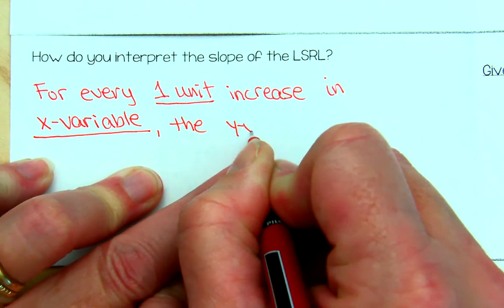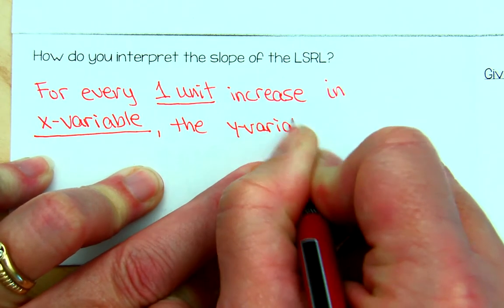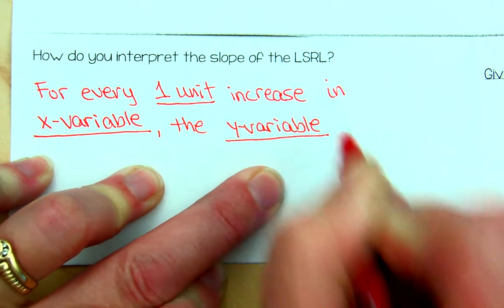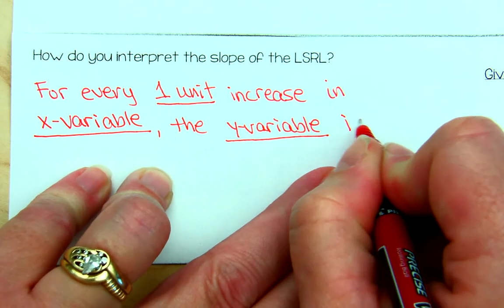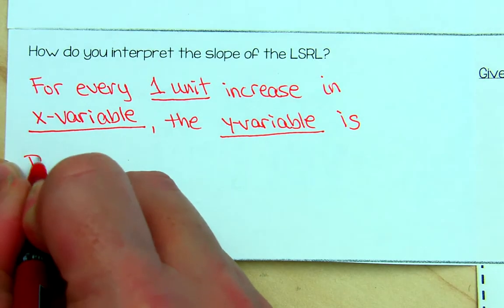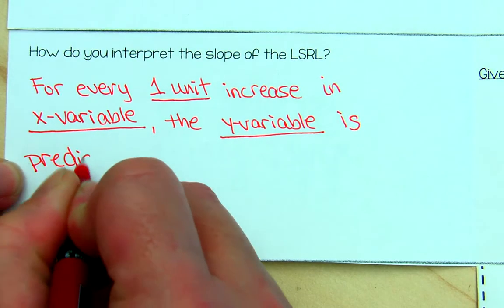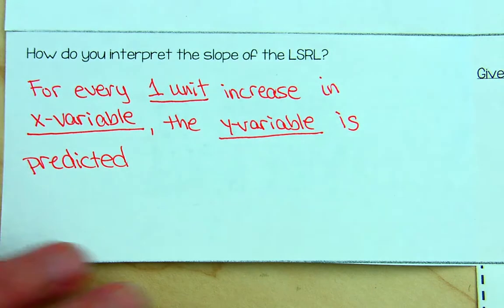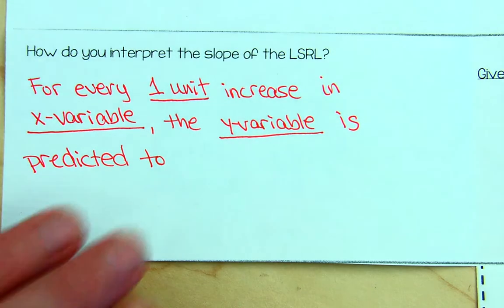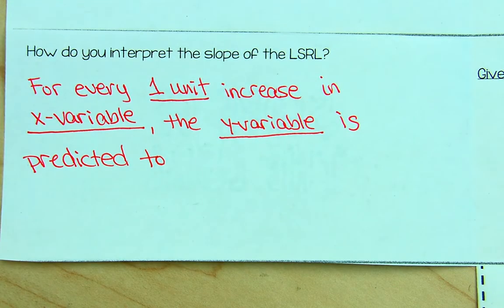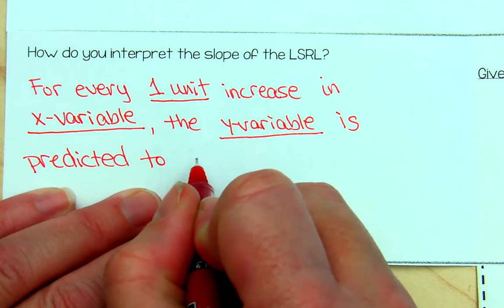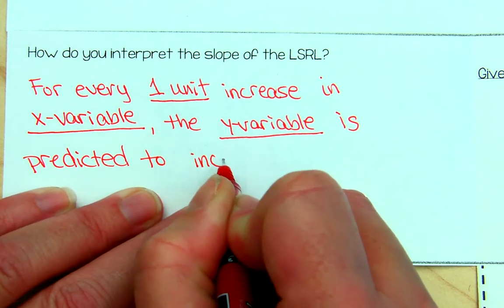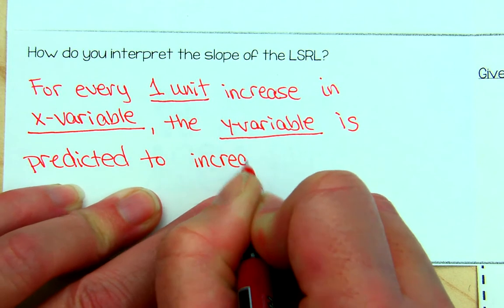And the y variable is predicted to, and this is where it's going to depend on whether our slope is positive or negative, but we'll say it either increases or decreases depending on positive or negative.